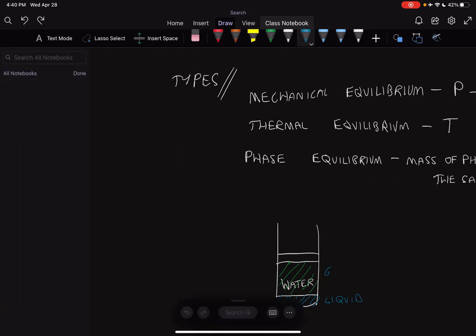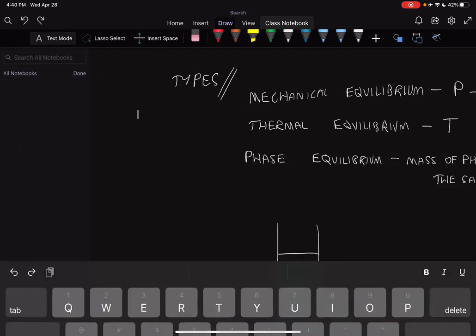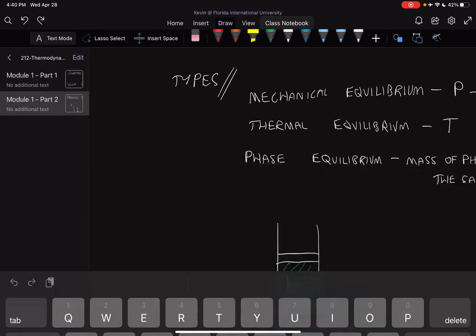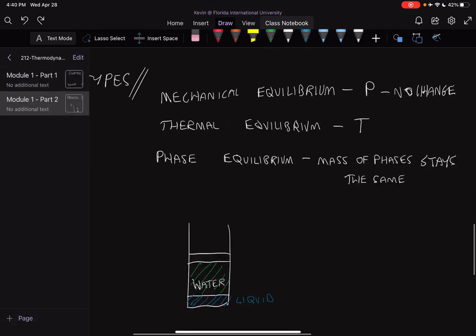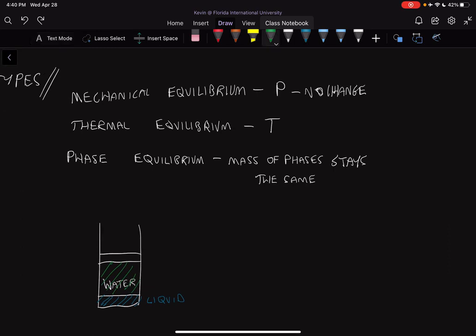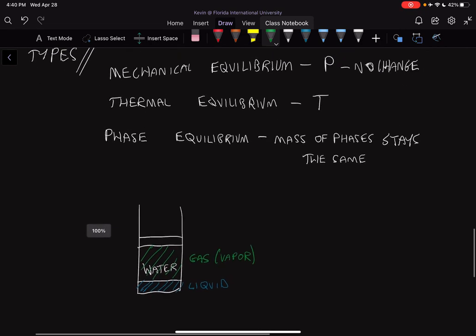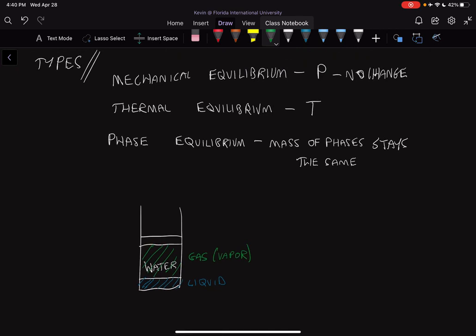Let me put it in green. So 75% of the water is gas, also called vapor for water. And we have this mixture that's liquid and vapor, 25% and 75%. If this mixture does not change, we have phase equilibrium.